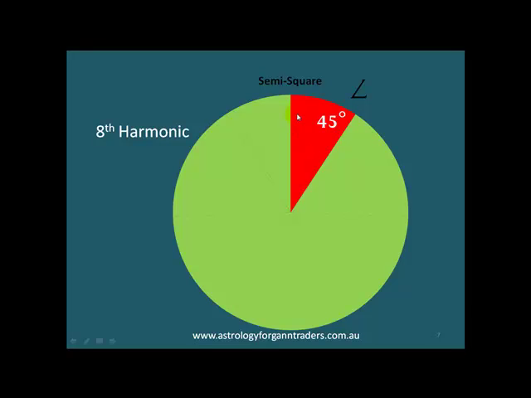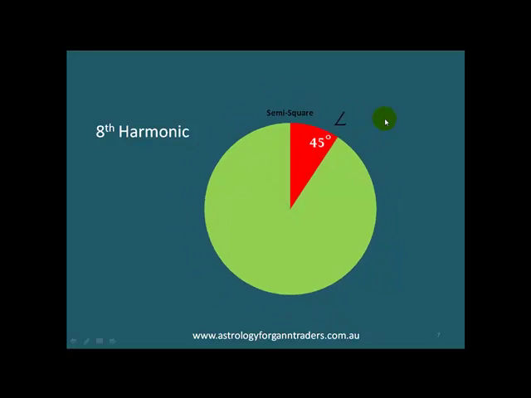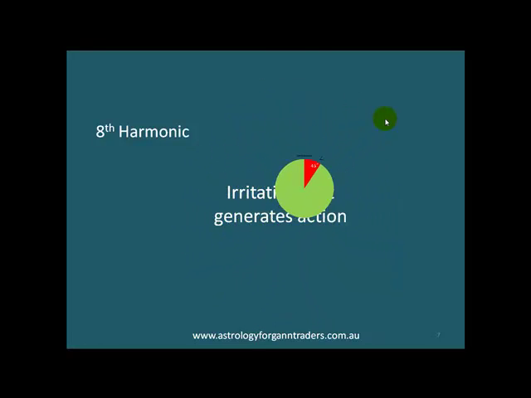Astrologers know these to be called aspects. This aspect of 45 is called a semi-square, and that is the symbol for it. The 45 is known to cause irritation that generates action. So it is classified as a negative aspect, but not as difficult as a square, which is double its size.